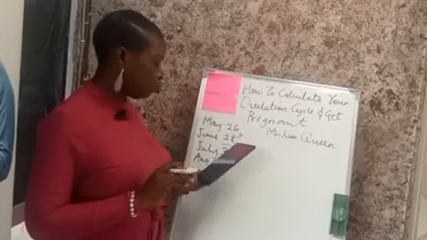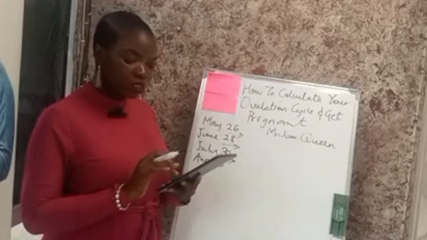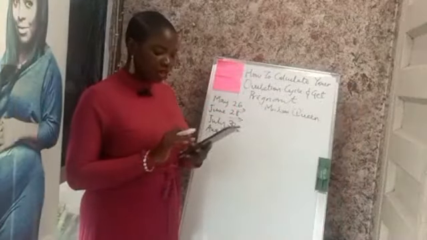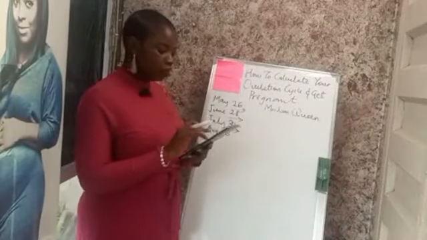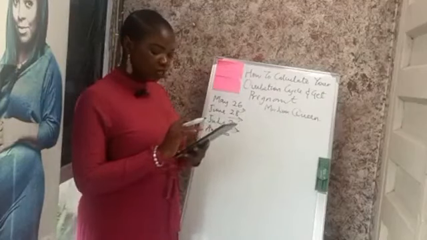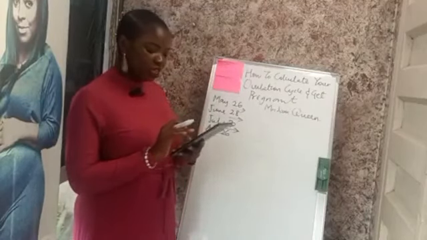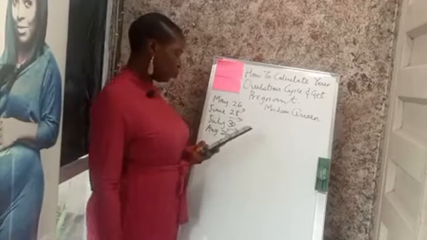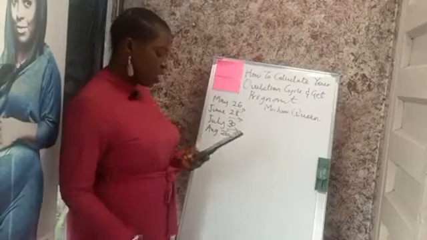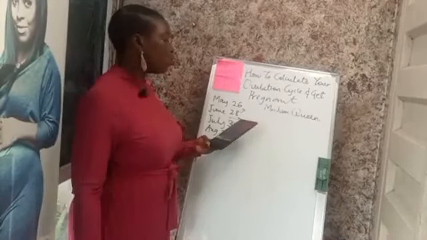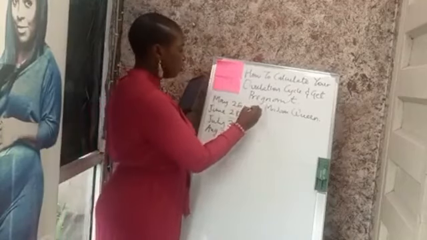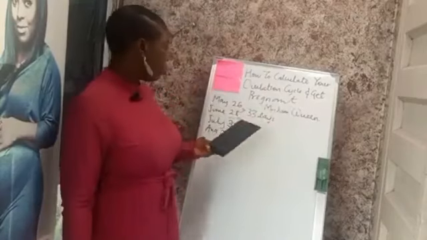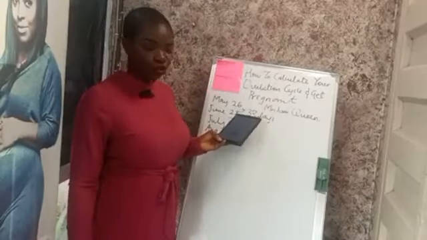So to June 28th, let's count 26th to 2nd of June will be 1 week, 7 days, to 9th, 14 days, 21. We are going to 28, 29, 30, 31, 32, 33. So it took Madam Queen 33 days to have another menses call in the month of June.